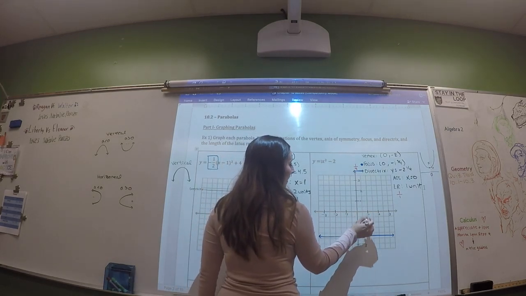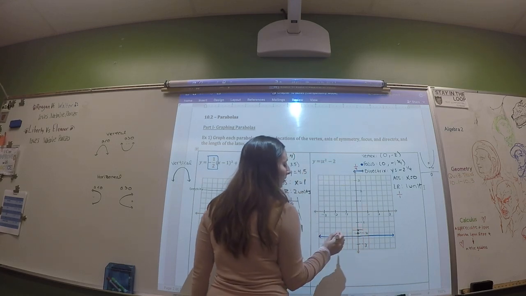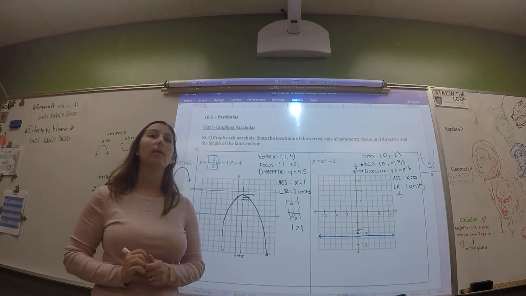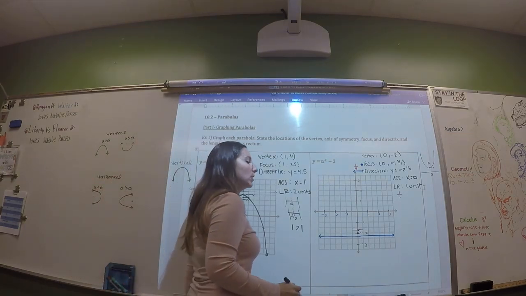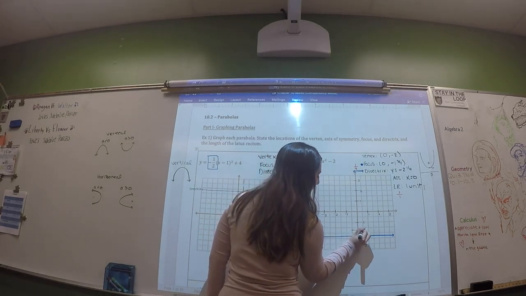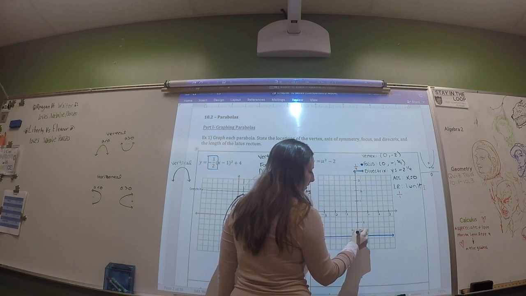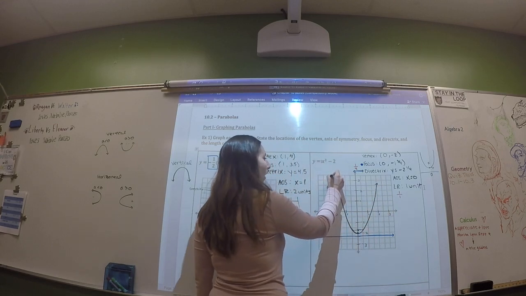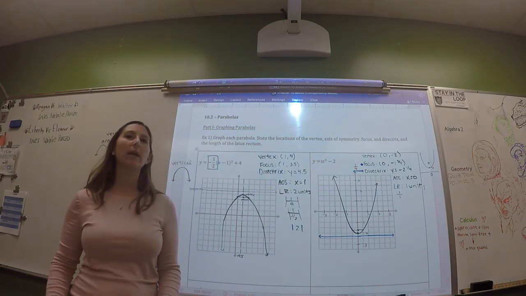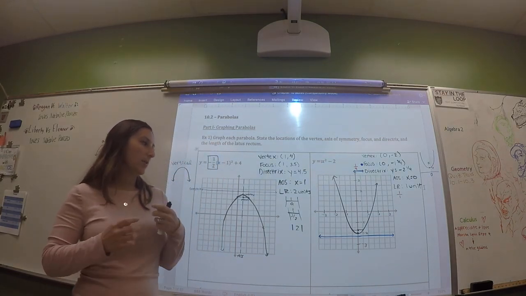Since I scaled this, one little block is actually 1/2. After you graph your latus rectum, you put little dots, connect your vertex to those dots, and go upward. You don't have to scale it, but if it's this small, it's not going to be accurate because it's too smushed.